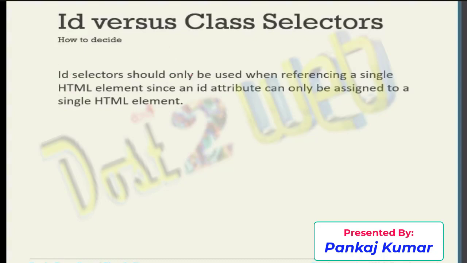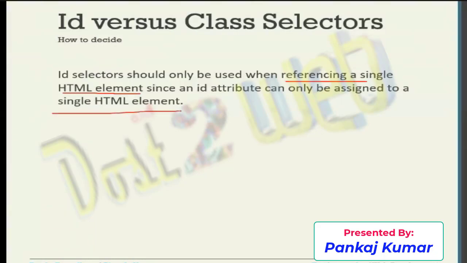The ID selector should only be used when referencing a single HTML element. That means whenever you are going to use it on a single element, such as the complete division tag, then you use only the ID selector, since an ID attribute can only be assigned to a single HTML element.